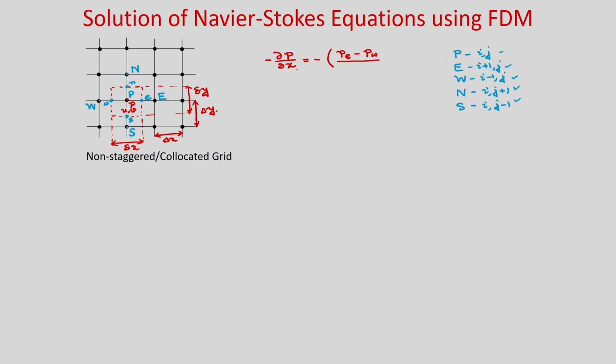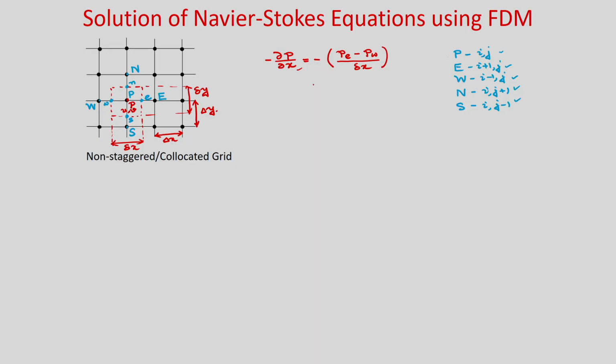So, del p by del x you can write as P e minus P w divided by delta x. We have used the central difference method for the first derivative. But the pressure at the faces is not known, because at small e and small w pressure is not known.